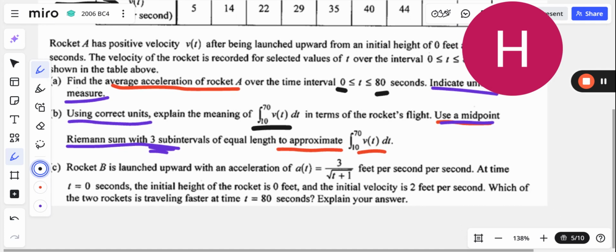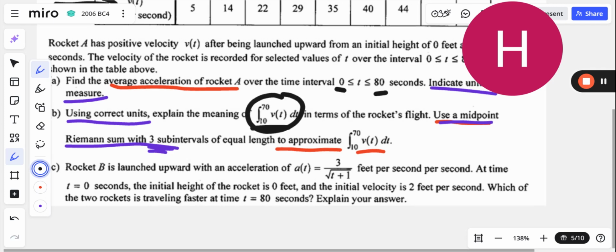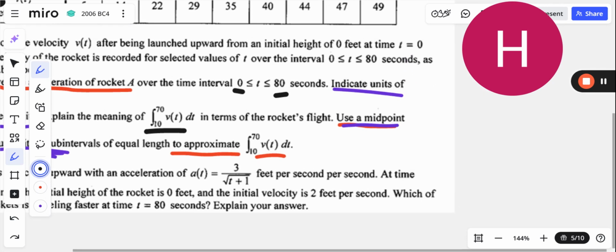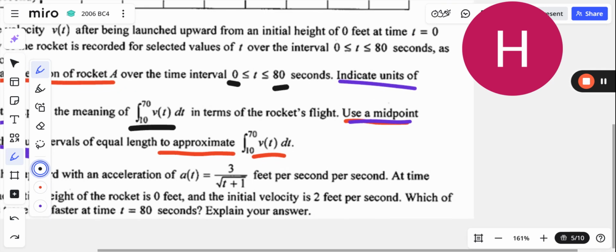Well, velocity is a derivative itself. Velocity is the derivative of position. It's the change in position over a small period of time. So if we add up all of these small changes, that's what an integral does, it adds stuff up. If we add up all of these small changes over time, then we get the total change in position.